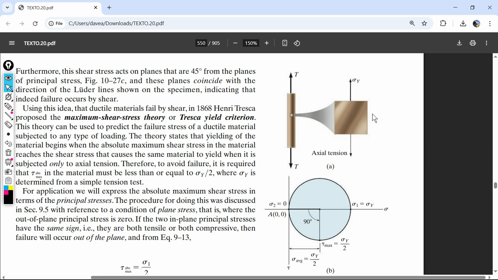We don't have any shear, so that is indicative of a principal stress. A principal stress is when you can analyze a little segment that doesn't have any shear. If it doesn't have any shear, you know for sure you have reached your principal stresses.